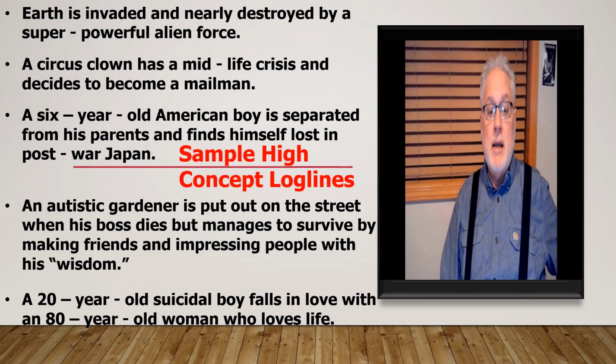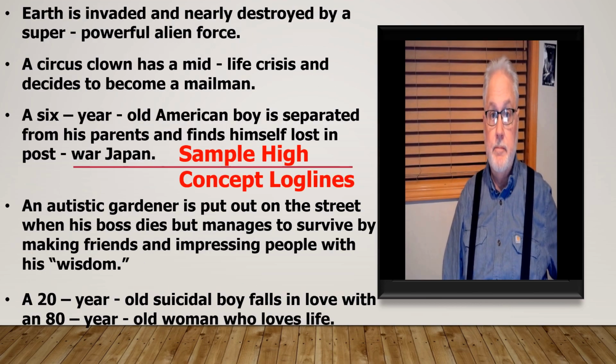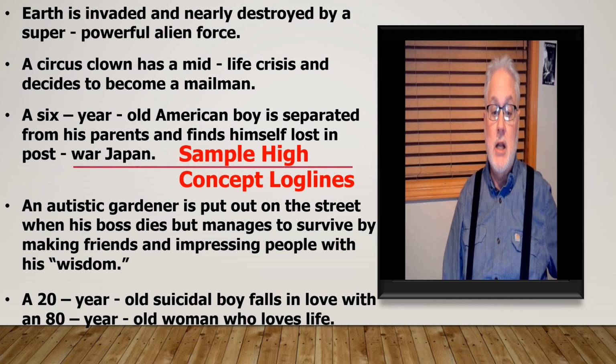Now for some sample high concept storylines. The Earth is invaded and nearly destroyed by a super powerful alien force. A circus clown has a midlife crisis and decides to become a mailman. A 6-year-old American boy is separated from his parents and finds himself lost in post-war Japan.